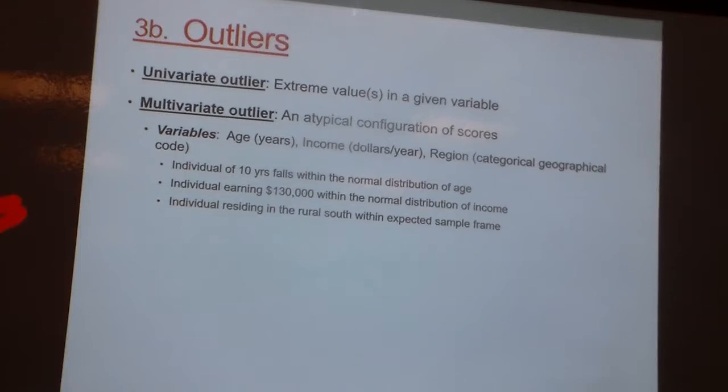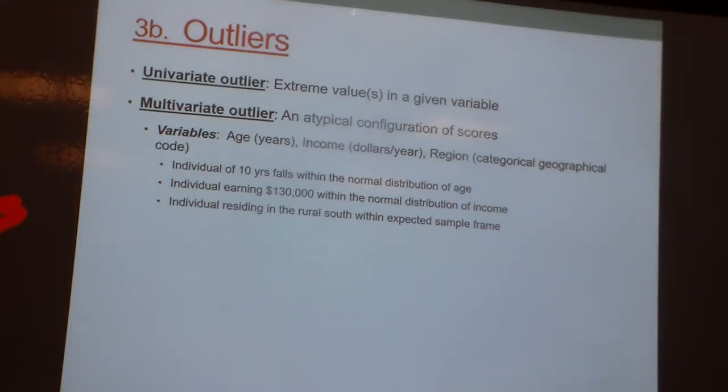So let's say that I'm looking at an example where I have age in years, income in dollars, and region in terms of geographical location in the United States. I can have someone who's 10 years old. It's going to fall within the normal distribution of age. If I have a truly representative sample of people in the United States, someone who's 10 is not odd, right?